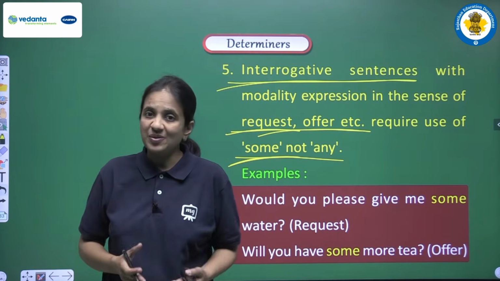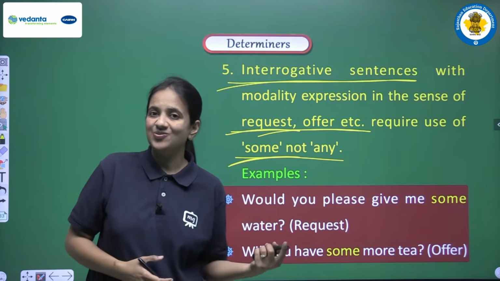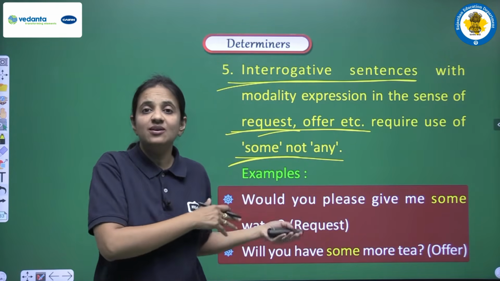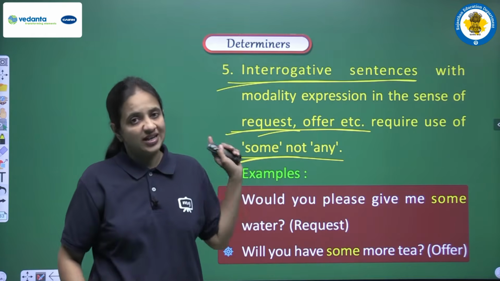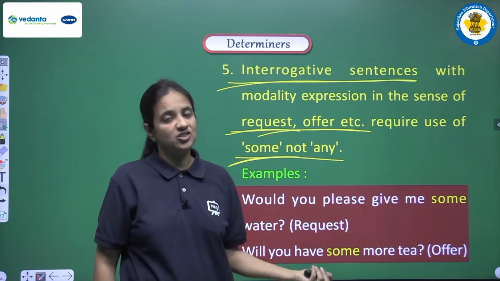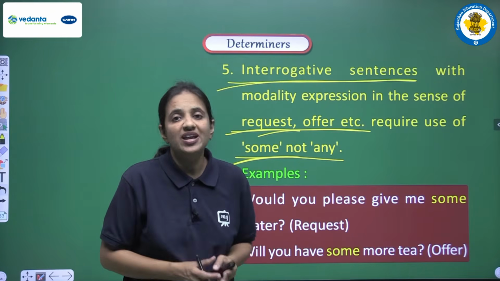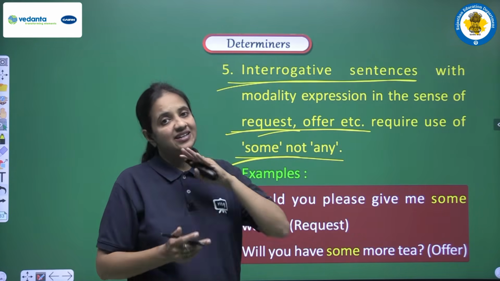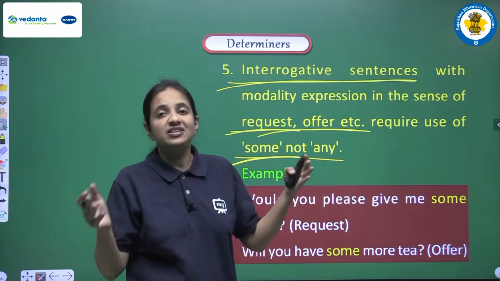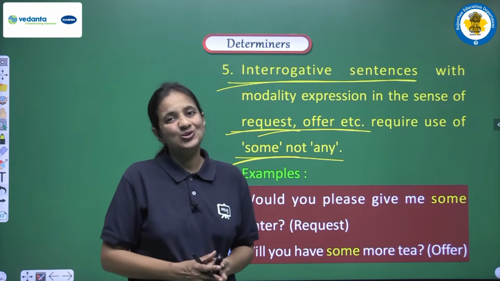Okay, so yes, we have read that if the sentence is a negative one, if the sentence is an interrogative one, we have to use any, but these are some of the exceptions, right? So again we are having one exception here, that yes, in interrogative sentences also some can be used, but we have to understand this thing that in that sentence if we are having request, we are having offer, if these are the feelings, then we have to use some.